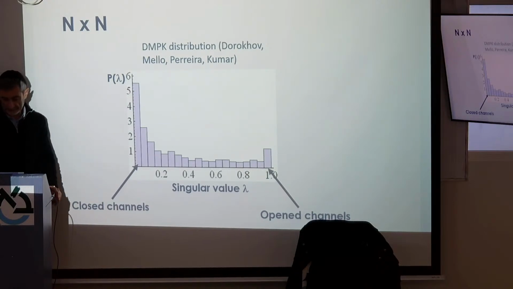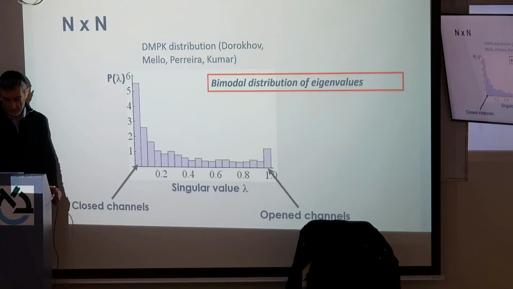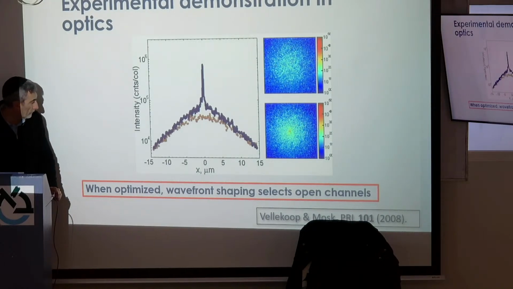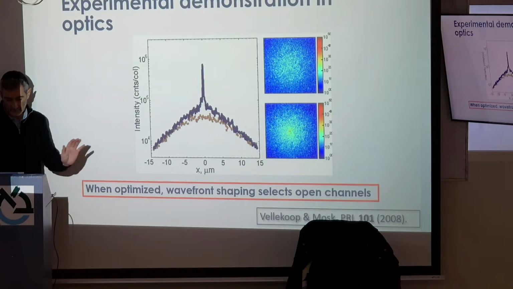It's a bimodal distribution of eigenvalues. That was demonstrated. I don't want to go too much into detail, but wavefront shaping is based on the fact that you can select the correct channel to maximize the energy at the output. So that was to finish that chapter.